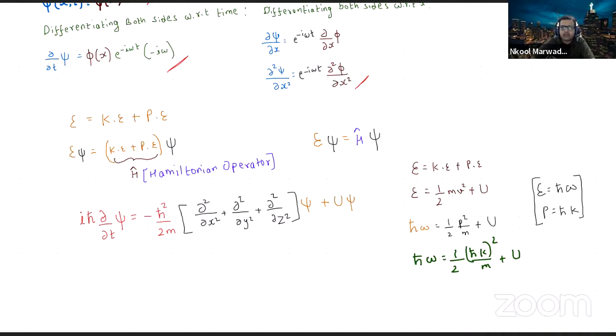We have seen a way to go from here to here. But now my point is that the equation which we have now is not time independent. It still has a t here. When the equation is time independent, there should not be any t, isn't it?